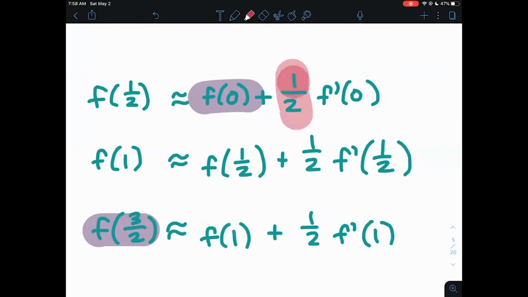I made up this 1/2 step in this particular case. It could be anything. It could be given to you, or we could be told something like start at 0, do an approximation for f of 1 and use 4 equal steps, or use 2 equal steps, or some situation like that.